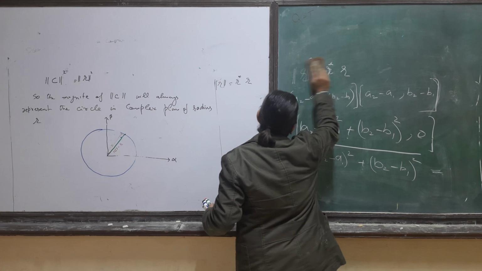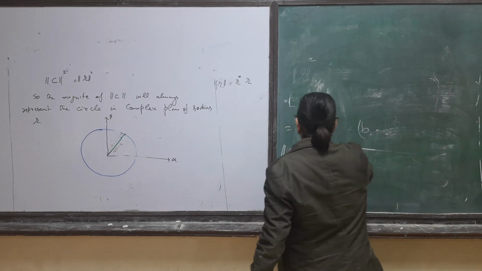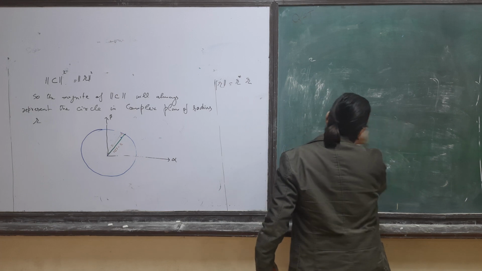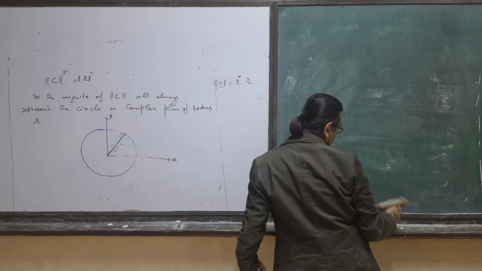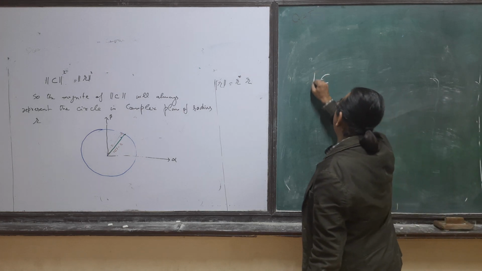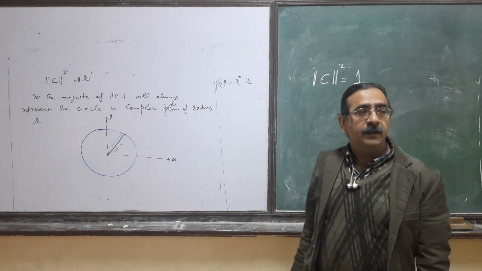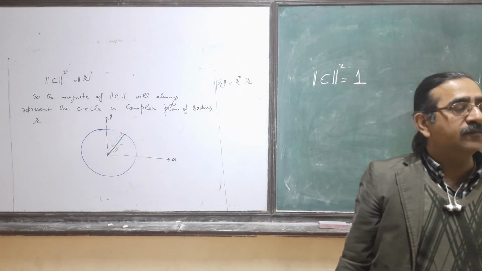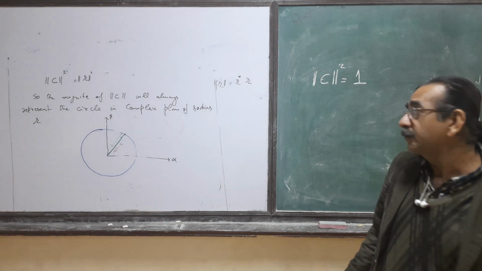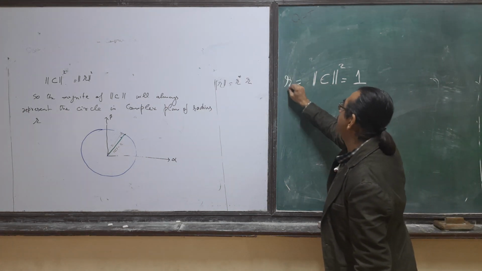So if I say that this equals 1, if any complex magnitude is 1, then this will be the radius.